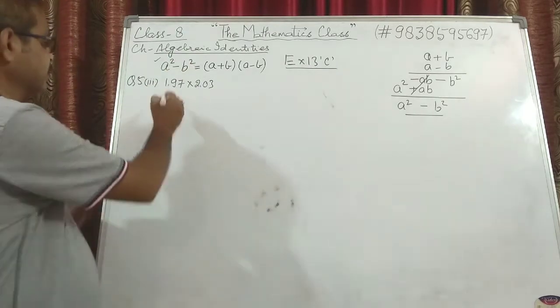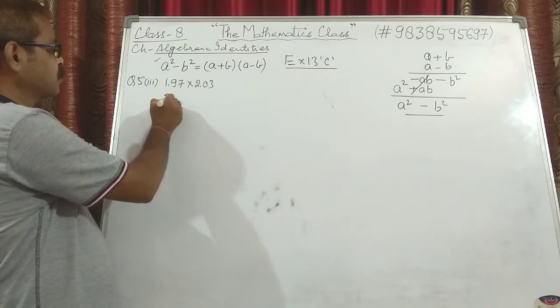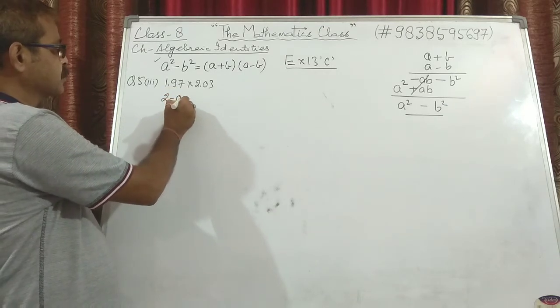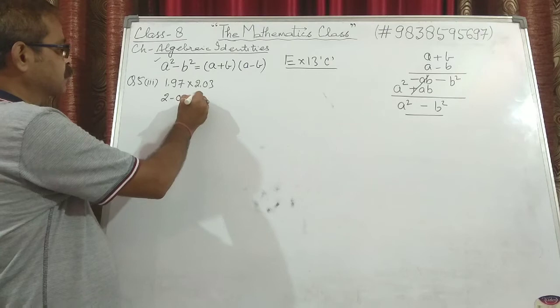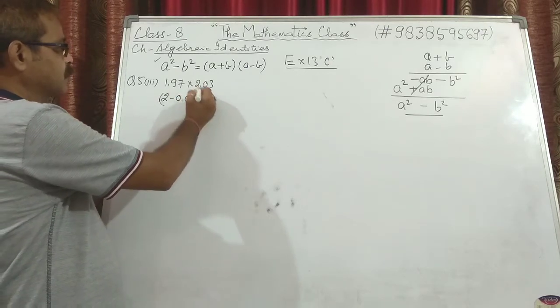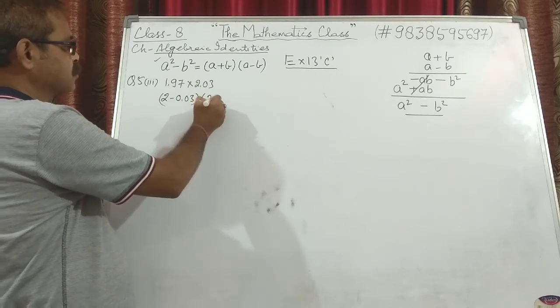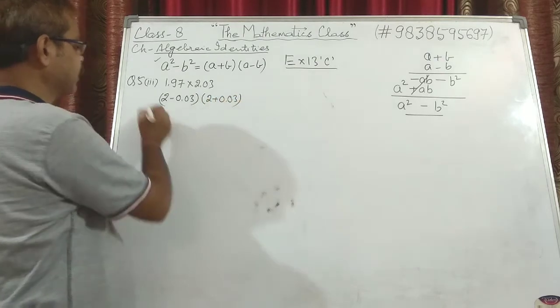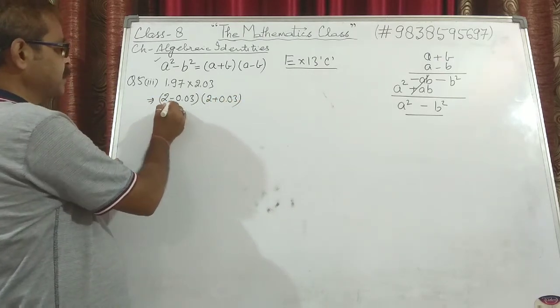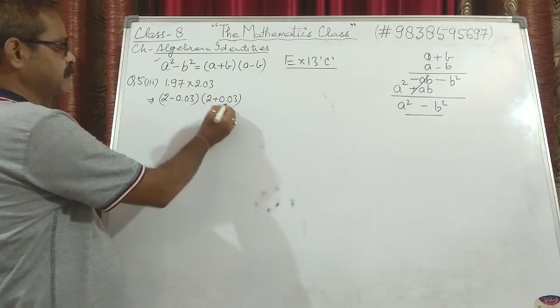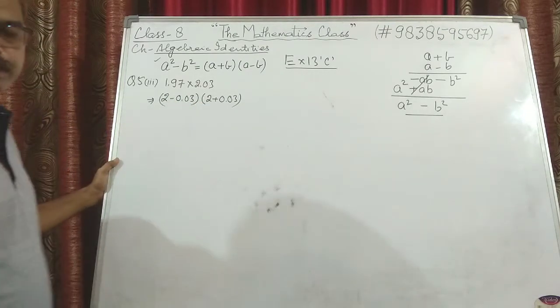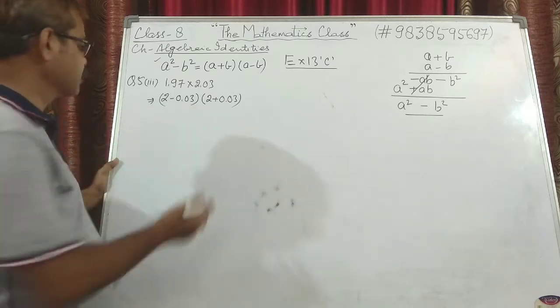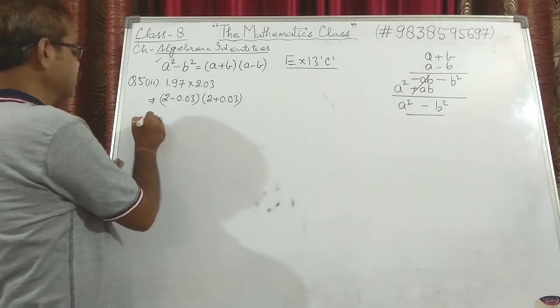Now the third part is 1.97 into 2.03. Again 1.97 can be written as 2 minus 0.03 and 2.03 can be written as 2 plus 0.03. So this is a minus b and a plus b form. We know that a minus b into a plus b is a square minus b square.